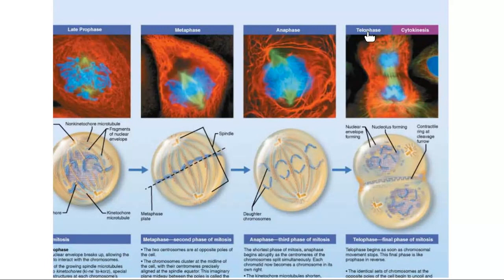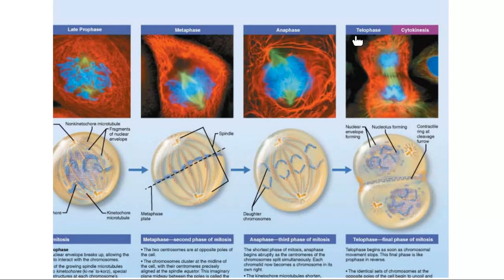The last phase of mitosis is called telophase. Now notice that on my picture here, they've got telophase and cytokinesis labeled in the same picture. Here's where that terminology is really important. Remember that cytokinesis was part of the cell cycle, so it's not technically part of mitosis.